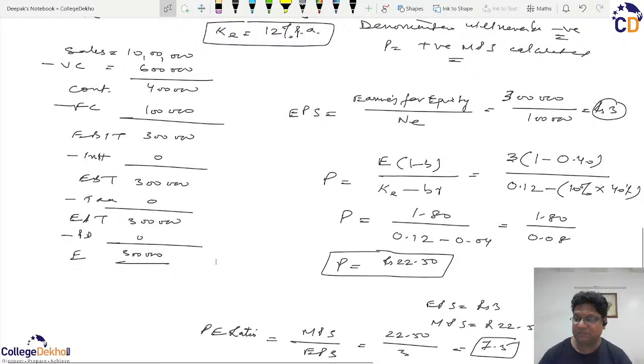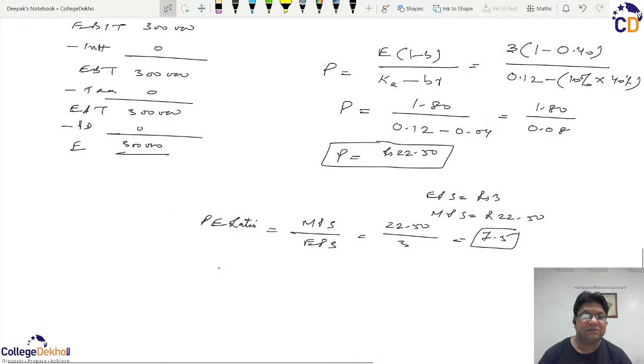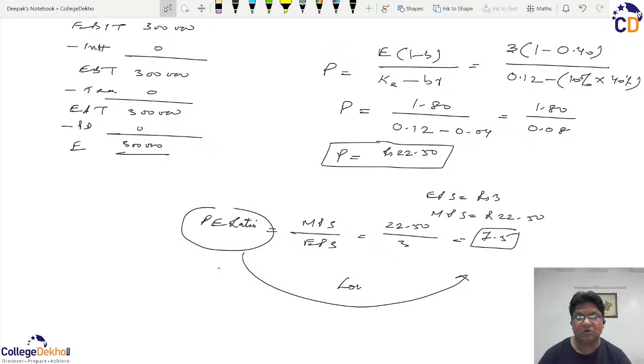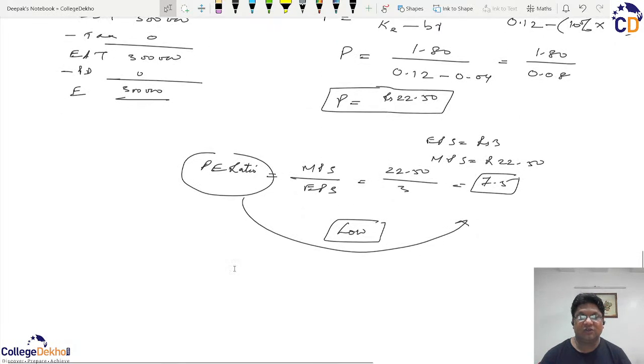So this company's expected price is having a low PE ratio of 7.5. So this concept can also be used for decisions regarding investment, regarding the valuation of the equity, where this company is presumed to be operating at a very low PE ratio, which makes it an attractive investment opportunity.